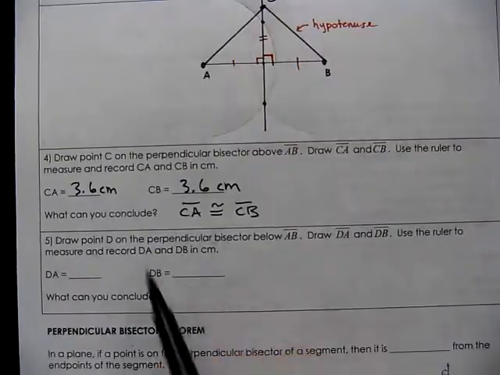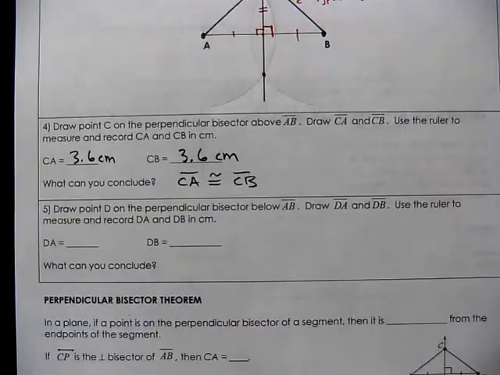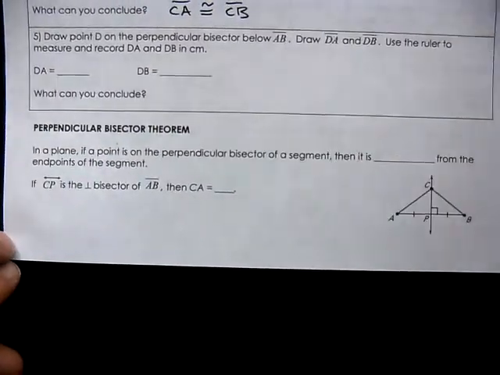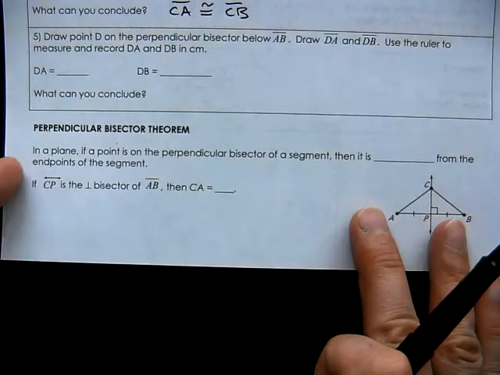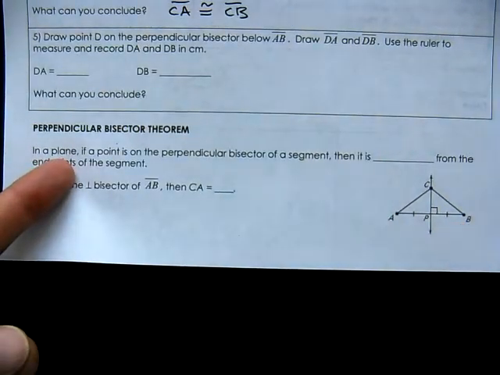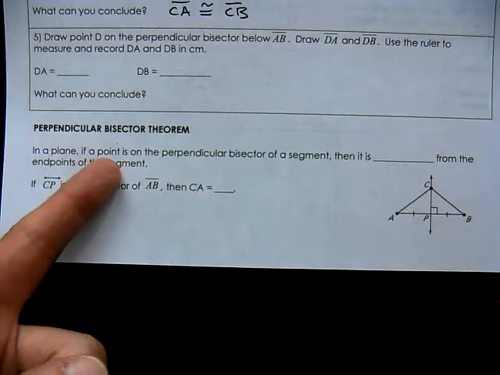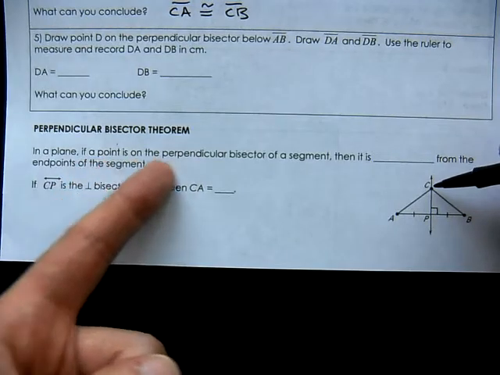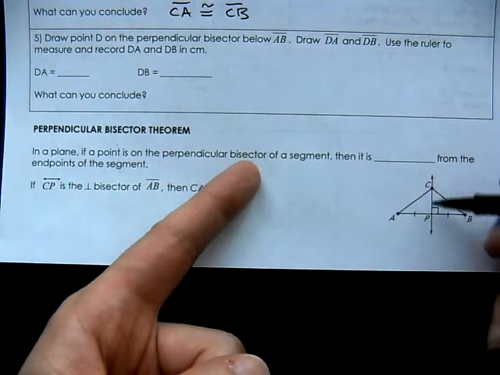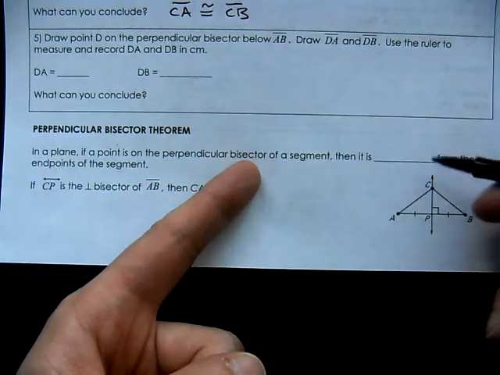I'll skip over this fifth part here and jump down to the bottom. Here it says perpendicular bisector theorem. Here we have in a plane, that's talking about a two-dimensional object. In a two-dimensional space, if a point, that's this point here, C, is on the perpendicular bisector, so here's the perpendicular bisector, how do we know that?